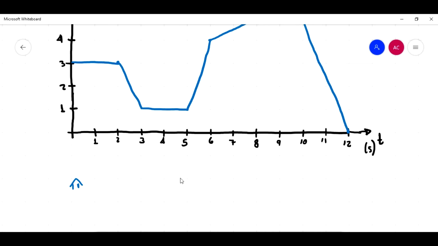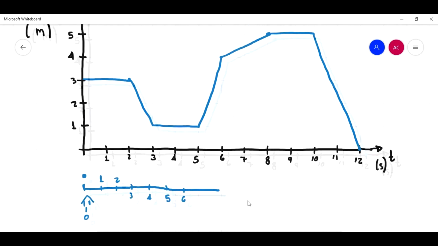Right here at the house is 0 meters, the position. So I have the line, it's supposed to be a straight line. This is 0, then 1 meter, 2 meters, 3 meters, 4 meters, 5 meters, and so on.